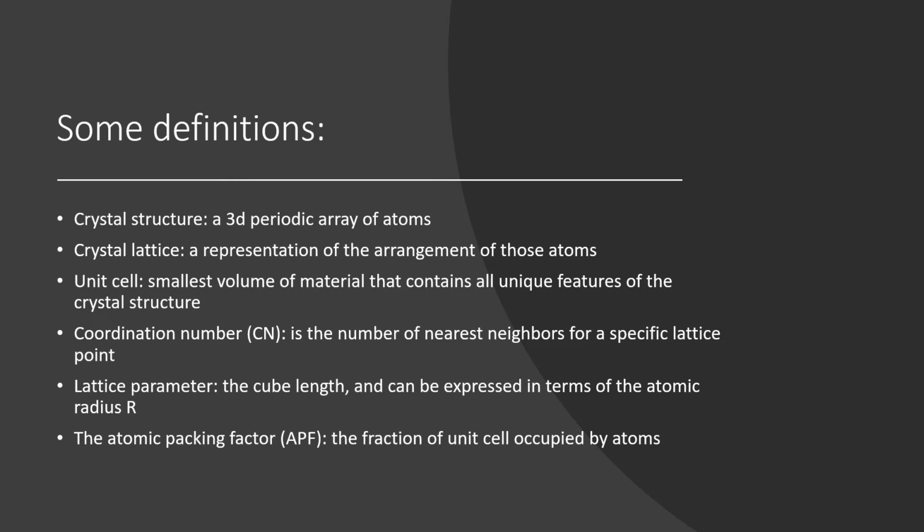And the atomic packing factor, APF, is the fraction of the unit cell occupied by atoms. So now that we have all this basic background, we can go ahead and deeply study each type of unit cell structure of metals.